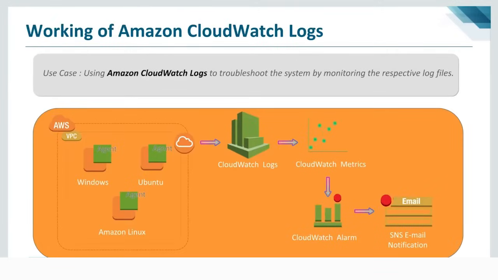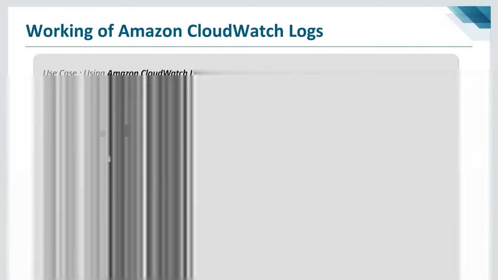Guys, now let's try to understand CloudWatch logs better with the help of this use case. In this use case, we are going to use Amazon CloudWatch logs to troubleshoot system errors. You can see that I have three instances here and a CloudWatch agent which is monitoring all these three instances. What the CloudWatch agent does is it collects custom-level metrics from all these EC2 instances, and then all these metrics and logs collected by the agent are processed and stored in Amazon CloudWatch logs.